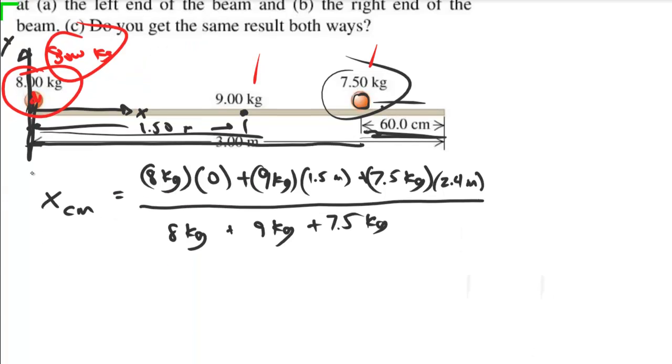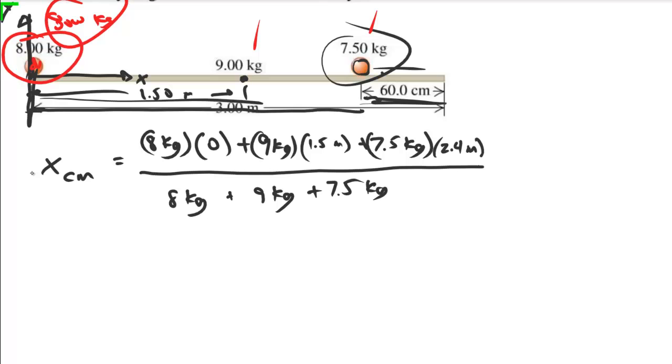And so what we end up with here is that the x center of mass, once you do all these calculations, comes out to be 1.286. And the units here, this is kilogram meters on the top divided by kilograms on the bottom, so this is just meters, right? So 1.286 meters, which, the center of mass is a location, so it should have units of length.